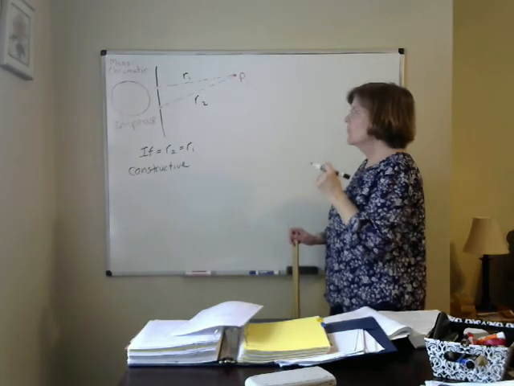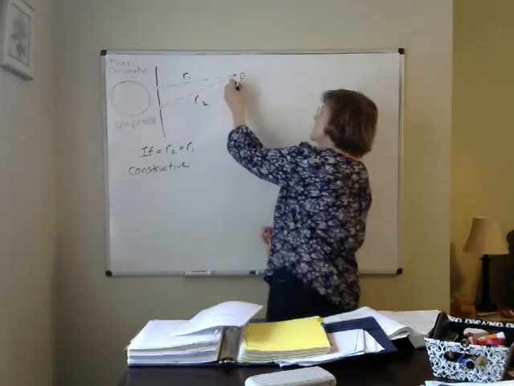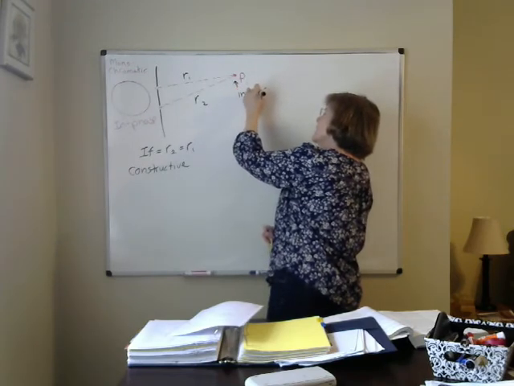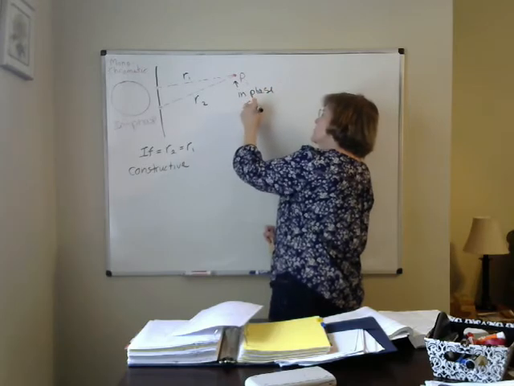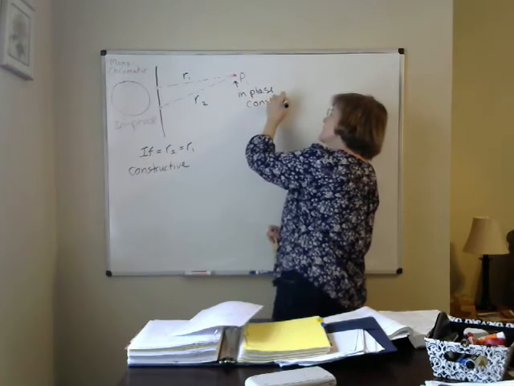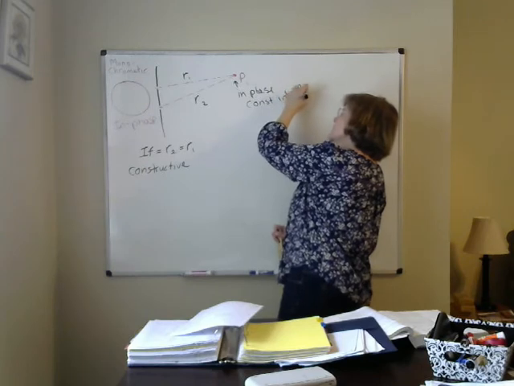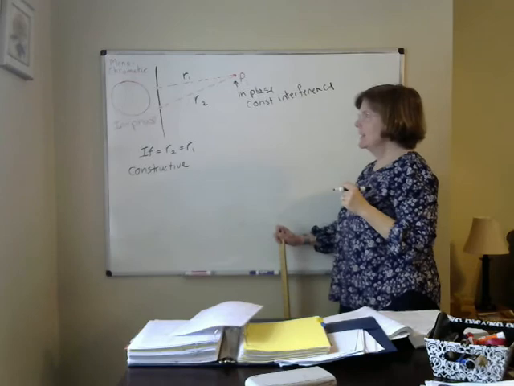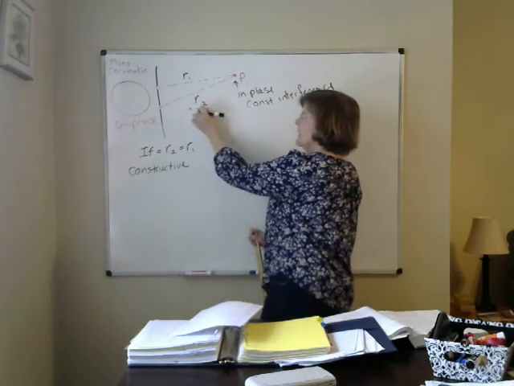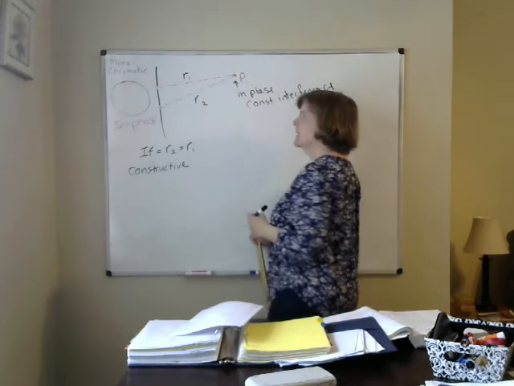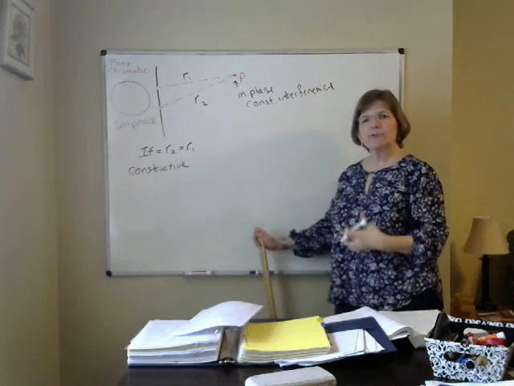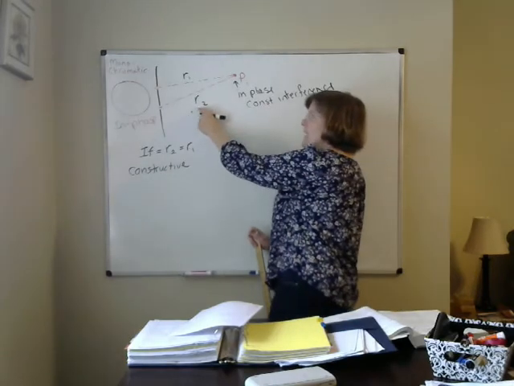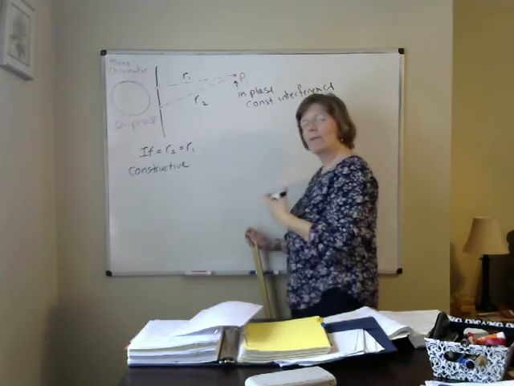But if they arrive in phase, right there, so that we get constructive interference, well, the only way that can happen is if R2 is longer than R1 by an integer multiple of the wavelength. In other words, if R2 is exactly one wavelength longer, they'll arrive in phase.